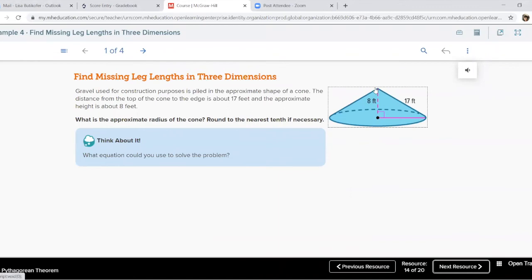All right. So we have a three-dimensional shape, but you can still see your triangle. So we know our a square. We don't know our b square, but our diagonal right here is our c square, and it's 17. So we can still write it. Remember, our formula is a squared plus b squared equals c squared.